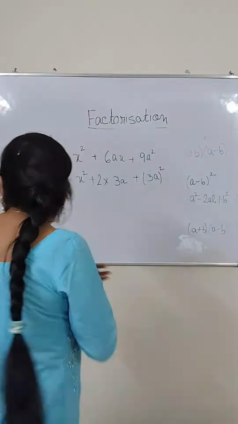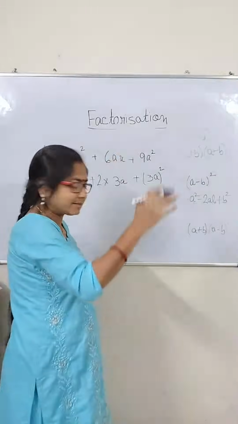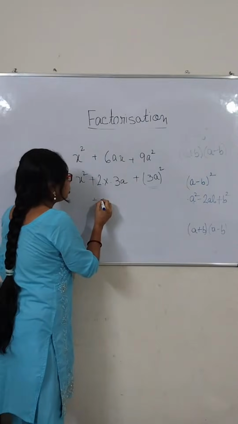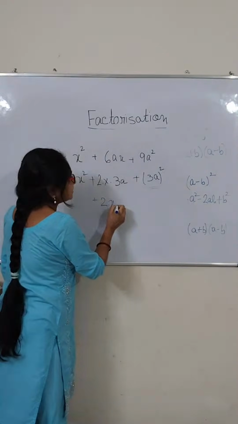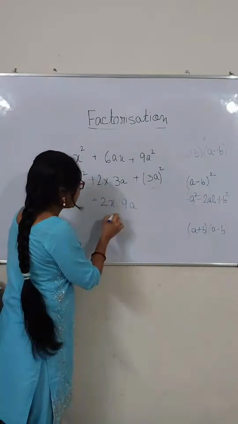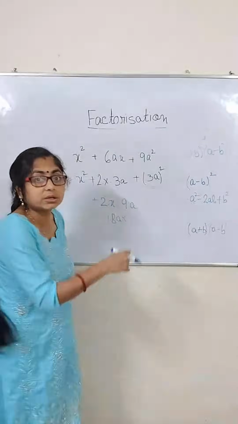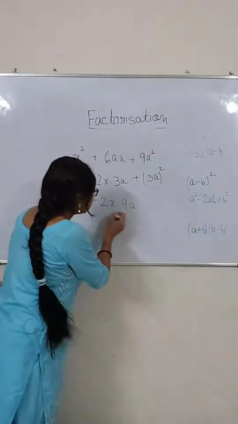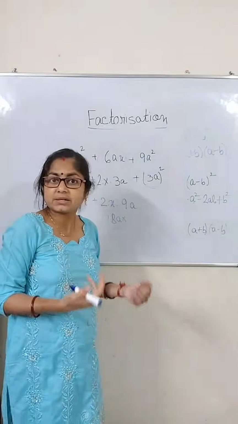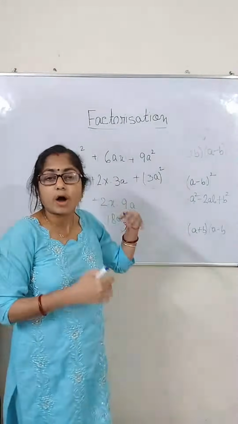Most of the time, students do not do this line, so they write 2x into 9a, 18ax. Can you explain to me, are 18ax and 6ax the same? No, they are not the same. So you should avoid this mistake.